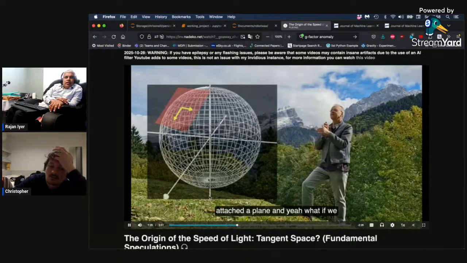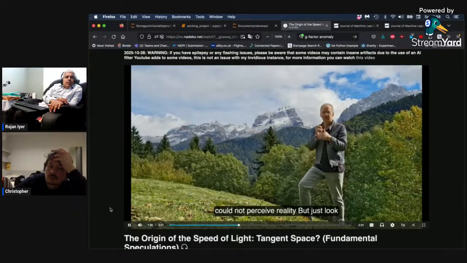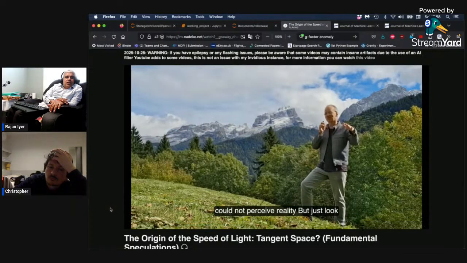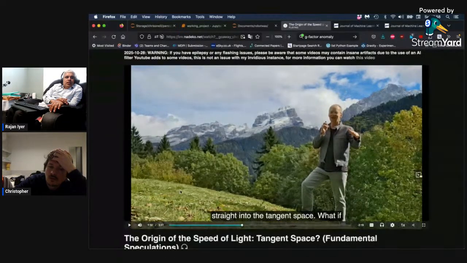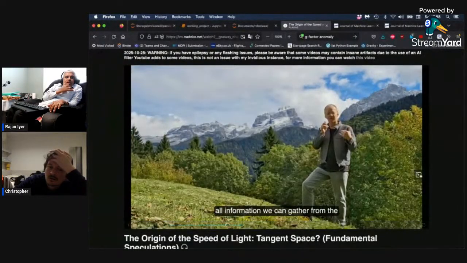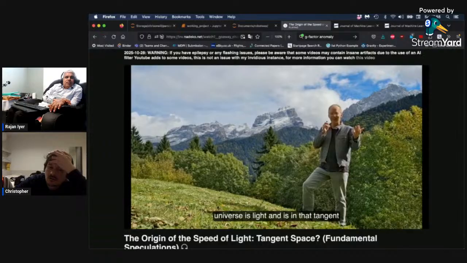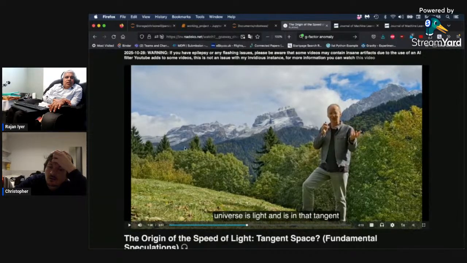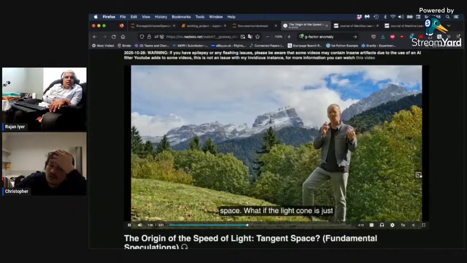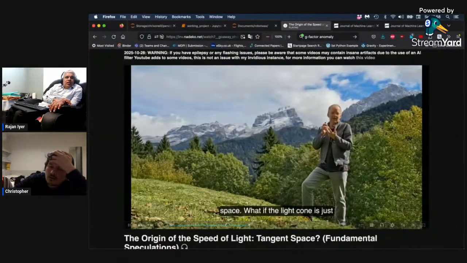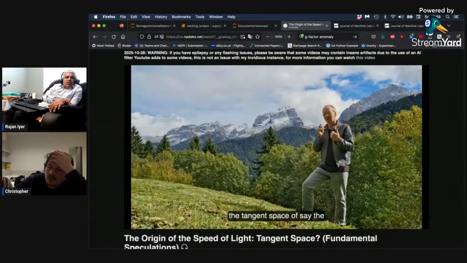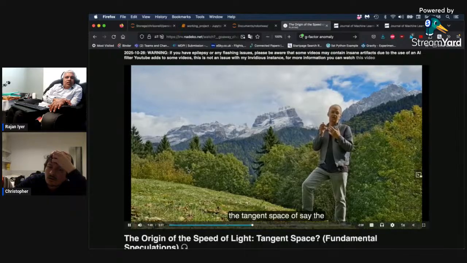We could not perceive reality, but just look straight into the tangent space. What if all the information we can gather from the universe is light and is in that tangent space? What if the light cone is just the tangent space of, say, the three-dimensional unit sphere?